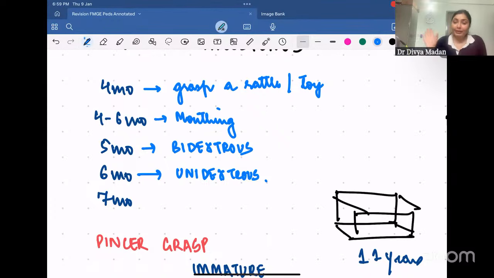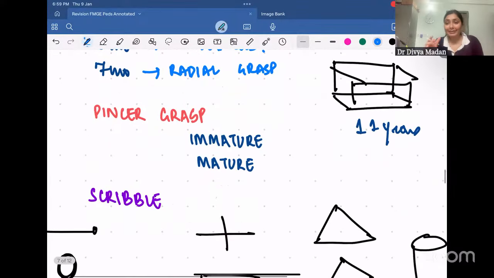Before that, there will be a radial grasp, where the child will try to hold things from the radial side. And then comes the pincer grasp. Initially, it will be immature, where along with the index finger and thumb, accessory fingers would also be used. This is the immature grasp at 9 months of age, and then the mature grasp at 12 months of age.